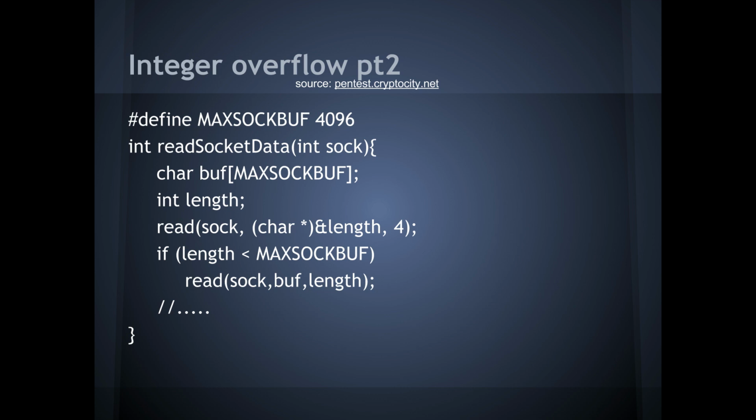So the error here is that essentially we're taking an integer, and by default they're signed, and we're comparing it to a pound define, max sock buff. By default, pound defines are also signed. So we're comparing signed versus signed.